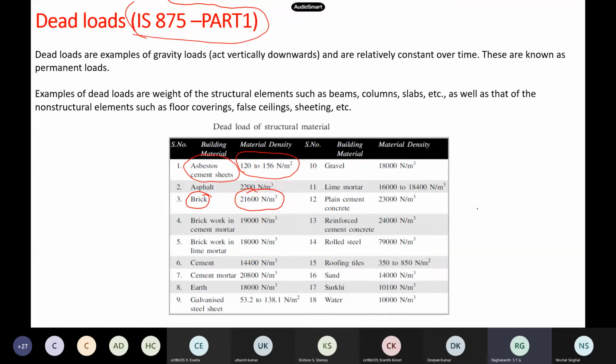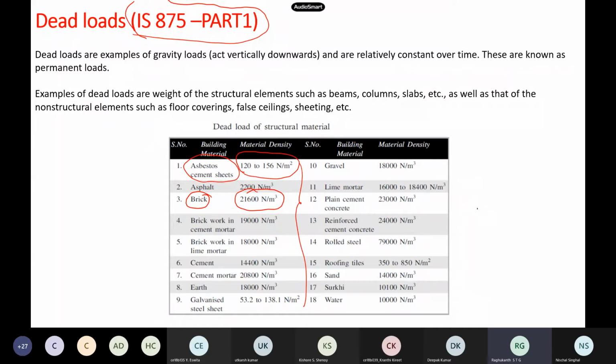Now if I want to calculate the weight of a wall, say a 10 meter by 10 meter wall, what do you have to do? This code will give you the unit weights, the material densities.